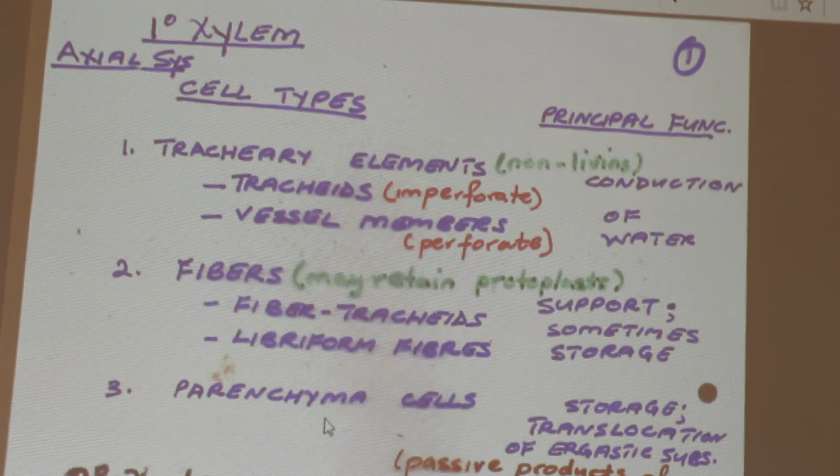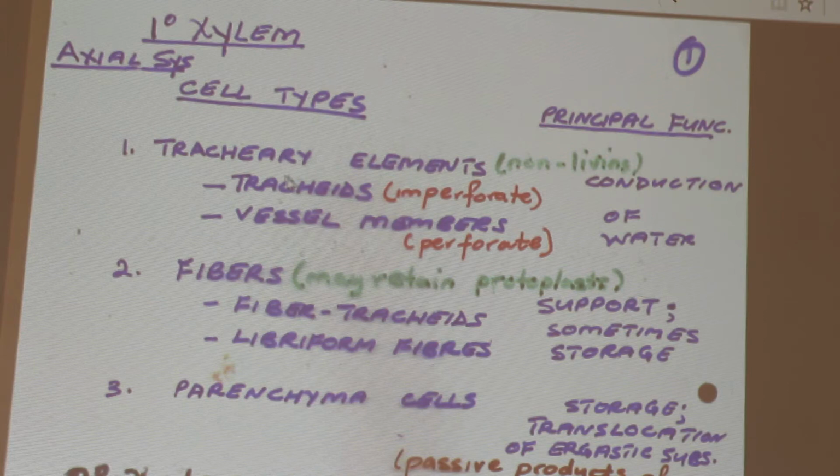Parenchyma cells are living cells. They will store food. They will pass products from cell to cell. They will get rid of wasted, unwanted matter, which is gastric substances. And they help in overall movement of water from the xylem to the rest of the other cells. So there are three types of cells, and these are the three types. In primary xylem, I told you, we are talking about xylem that goes normally vertically, growing in height.